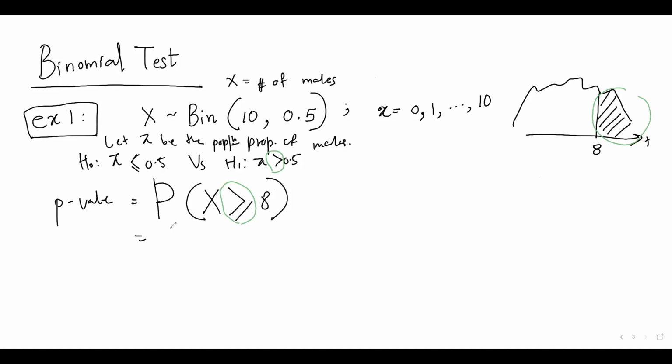So how do we compute this? Knowing that X is binomially distributed, if we do this manually, X goes from 8 to 10, of 10 C x times 0.5 to the power x, times 1 minus 0.5, which is again 0.5, to the power 10 minus x.